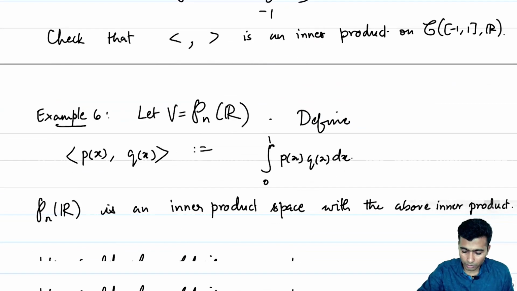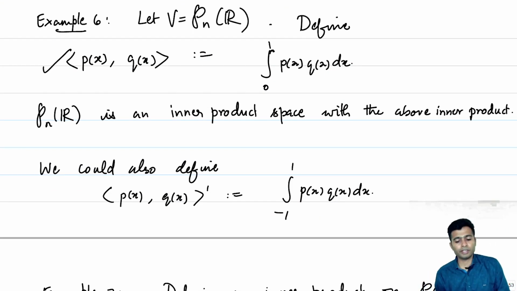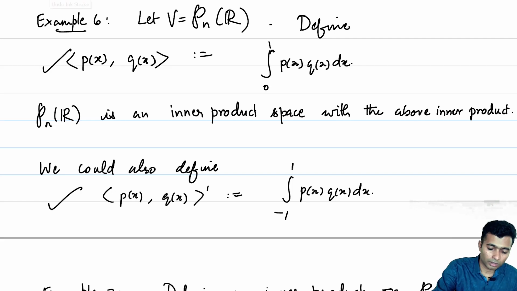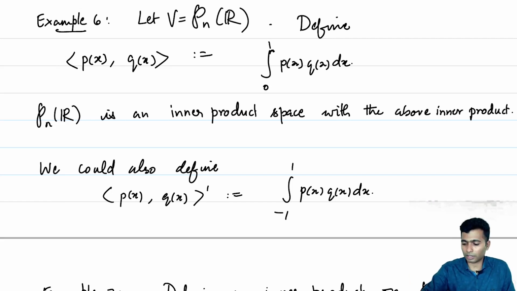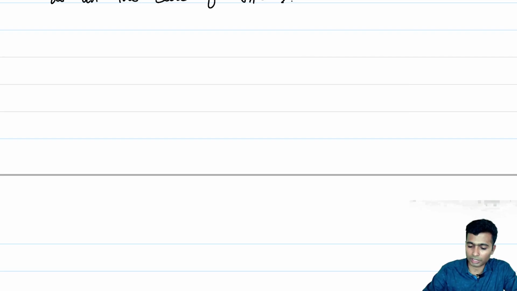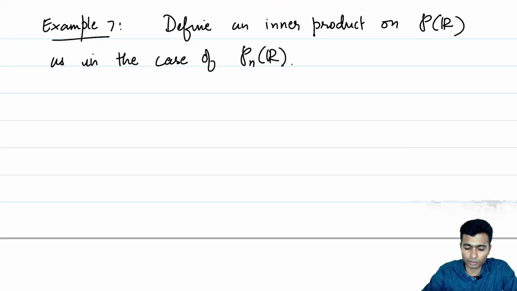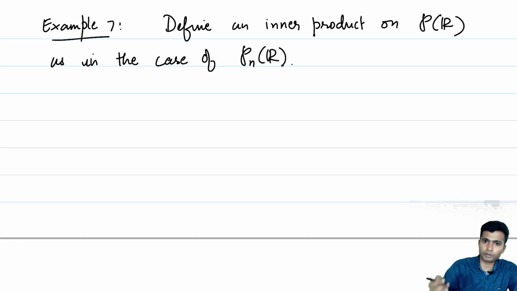Corresponding to this inner product, we can define an inner product on P of R. Corresponding to this inner product, we could define another inner product on P of R. We could define more, but let's defer that to some other time. There are many inner products which we could define on many of these vector spaces, including P of R, many interesting inner products, in fact. All right, so let's look at one more example.